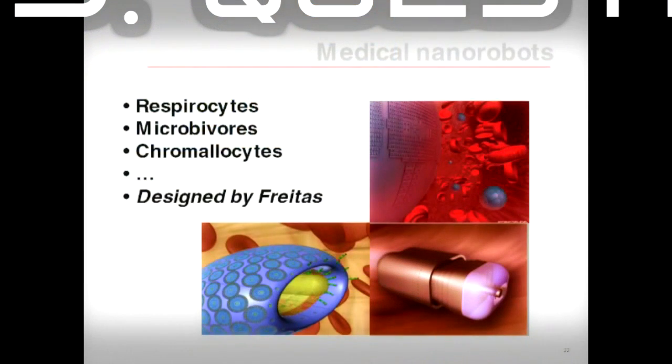There are a bunch of medical capabilities. Respirocytes. When you breathe in oxygen, your red blood cells carry the oxygen to your body. When you hold your breath, you've only got a little bit of oxygen both in your lungs and in your tissues. Well, if you have artificial red blood cells that can hold a lot more oxygen, you could hold your breath for an hour, which would be kind of nice.